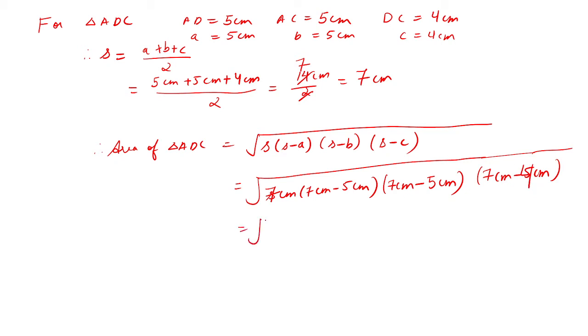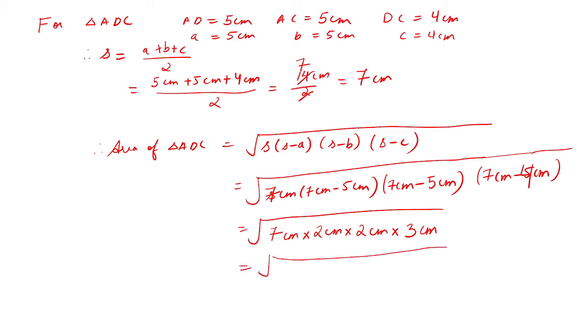Now you open up this, you'll get this as 7 centimeter into 7 minus 5, 2 centimeter, 7 minus 5, 2 centimeter, into 7 minus 4, 3 centimeter. All right, so now you can see, right?